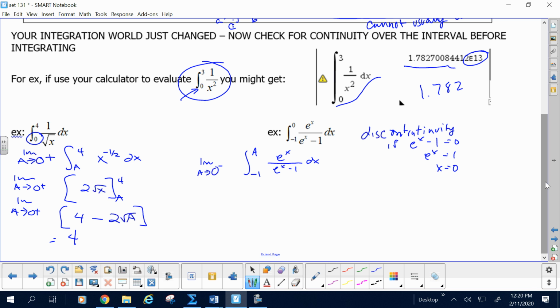Integration technique for you, huh? What did you say for the antiderivative?